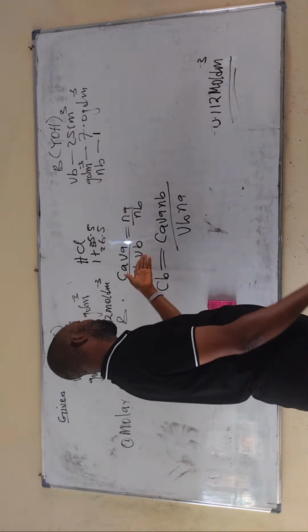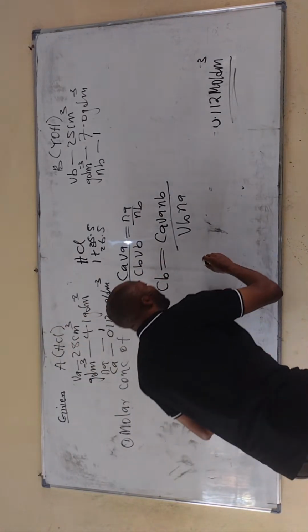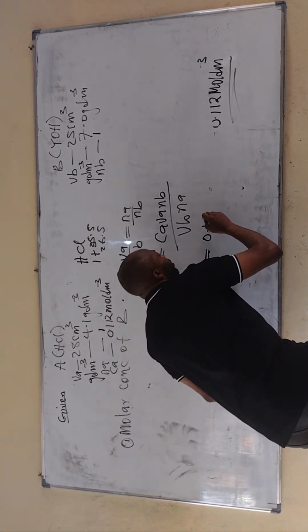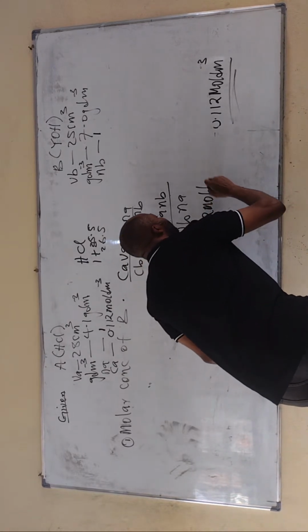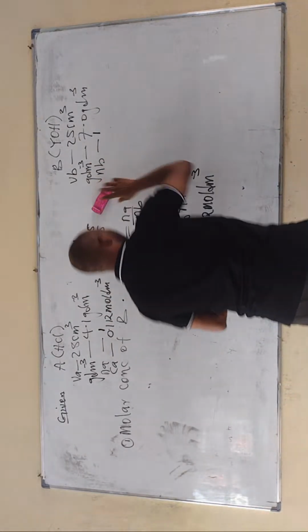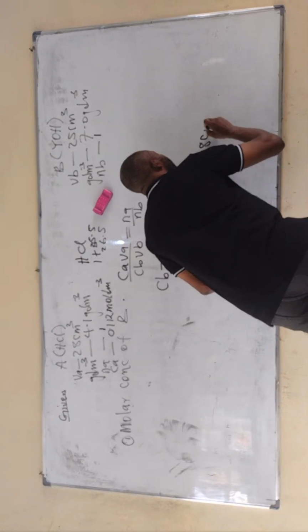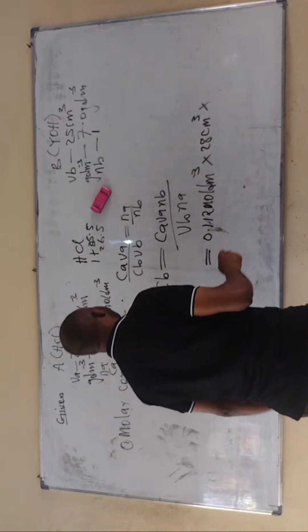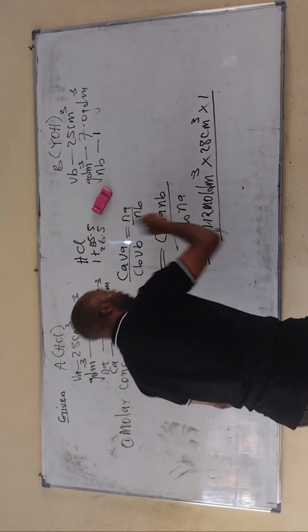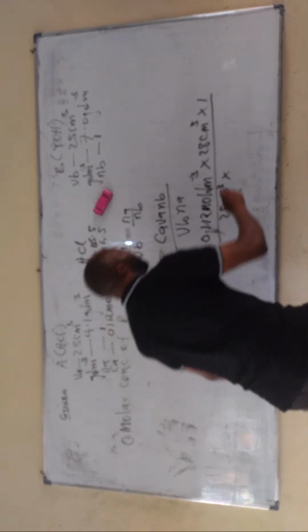That is why it is down, while the other side is cleared. Substituting the variables, I have the concentration of the acid, 0.112 mole per dm³, times volume of the acid, 28 cm³, times number of moles of the base, 1, all over volume of the base, 25 cm³, times number of moles of acid, 1.